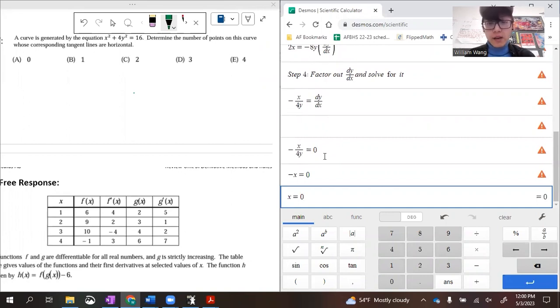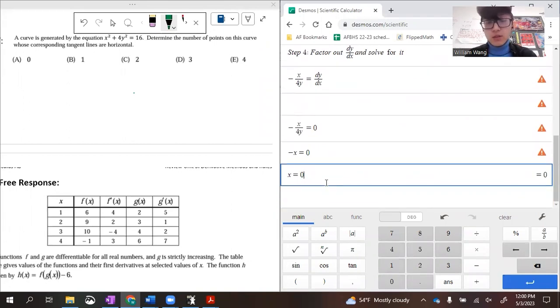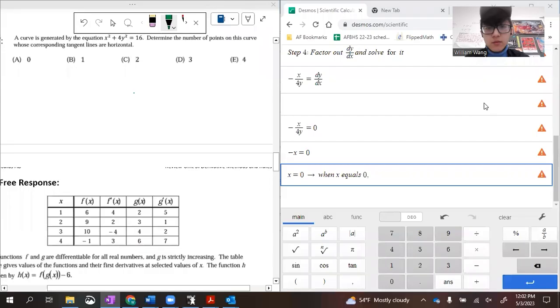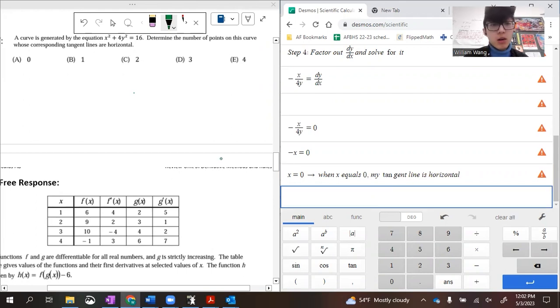Cool. So I know x equals 0. How about y, right? So when x equals 0, my tangent line is horizontal. The question is, how many times does this happen? Well, to find how many times this happens, I'm going to plug 0 into my equation.